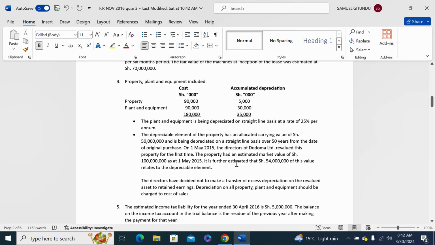It is further estimated that shillings 54 million of this value relates to the depreciable element. The directors have decided not to make a transfer of excess depreciation on the revalued asset to retained earnings. Depreciation on all property, plant, and equipment should be charged to cost of sales.